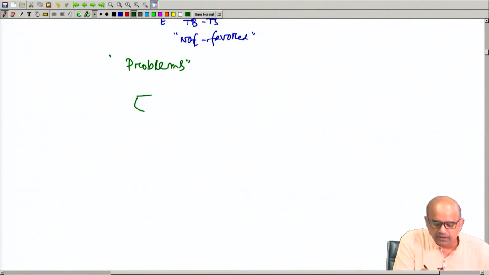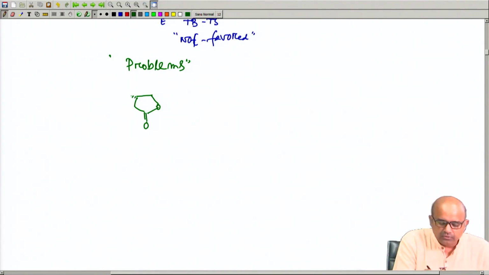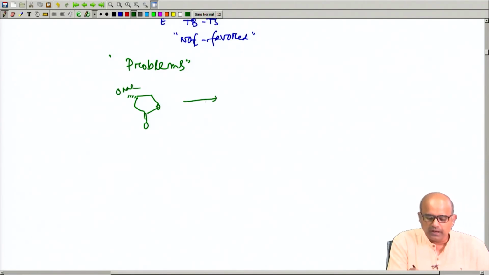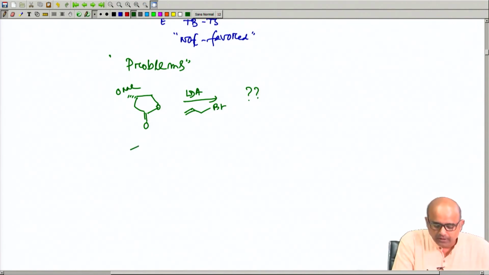So, let us try to be a little bit faster. You have a butyrolactone with an O-methoxy group, treat it with a base, LDA, and treat with allyl bromide. Predict the product. This could be a simple one.